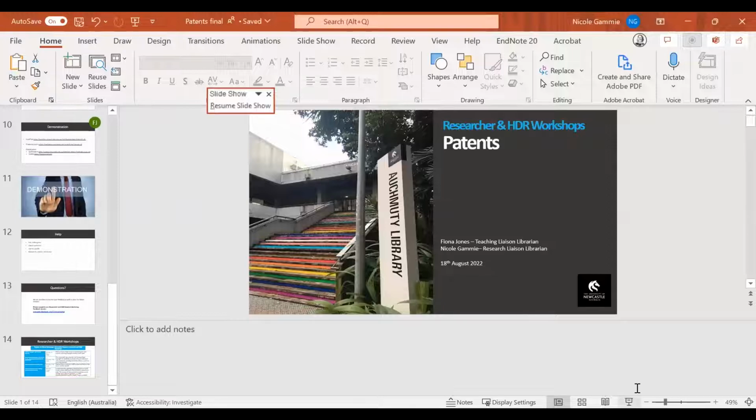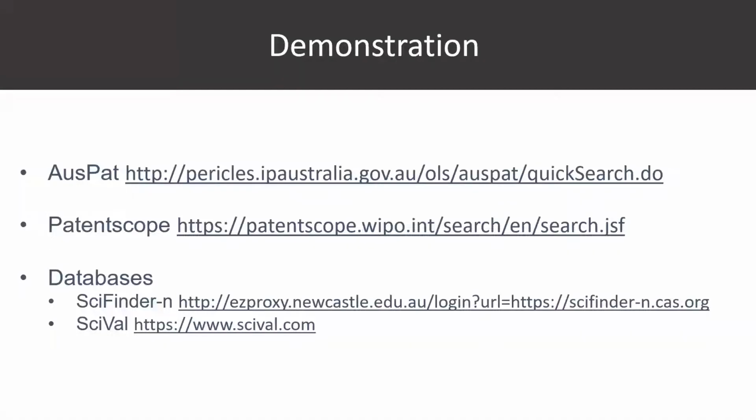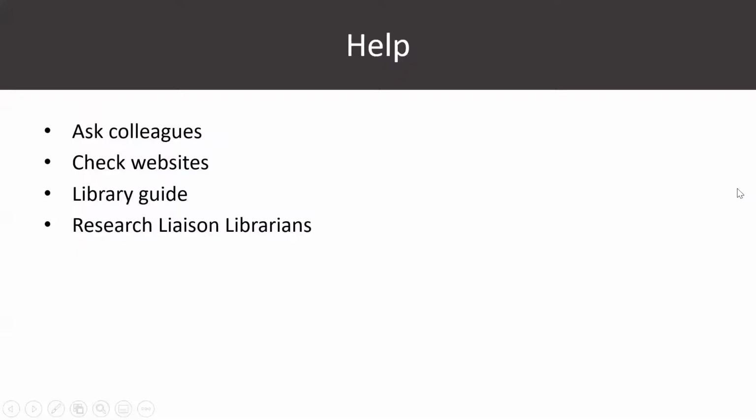All right, we've had a look at the demonstration. So in terms of where to from here, if you are looking for a little more help, I suggest you ask your colleagues, who might be able to help you think laterally about search terms or places to look, or people who've been interested in that.